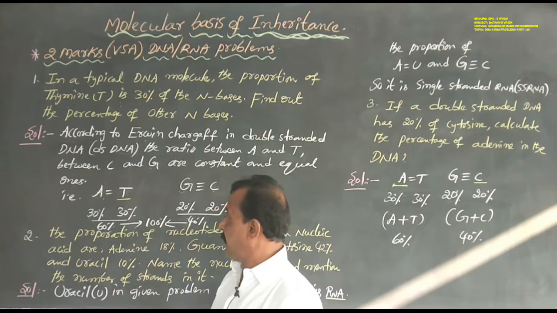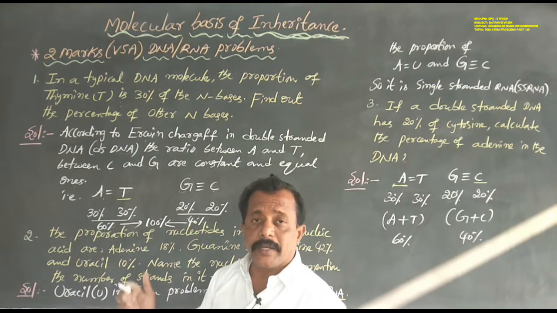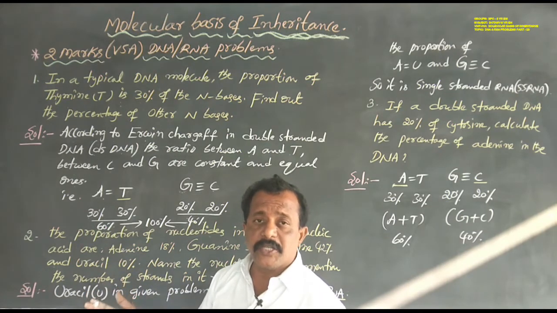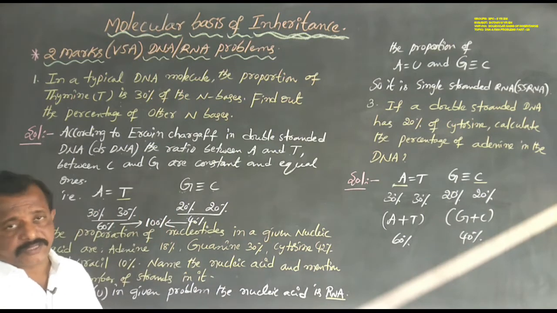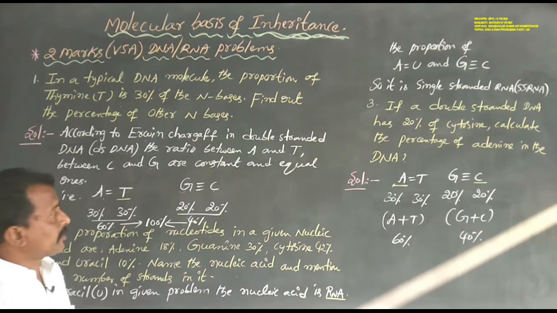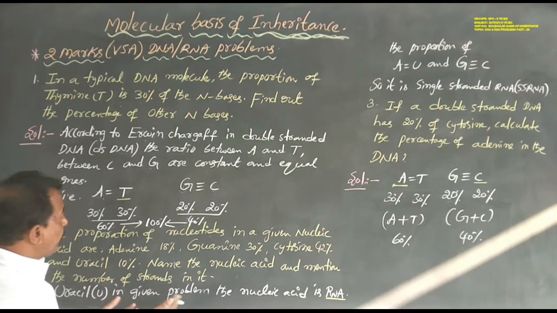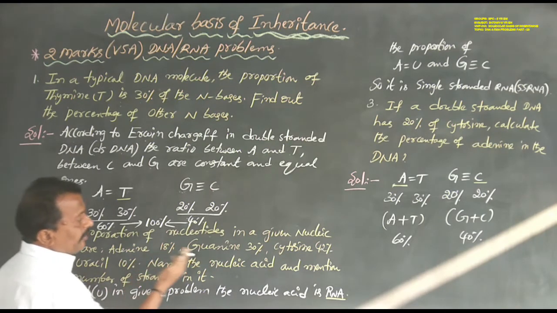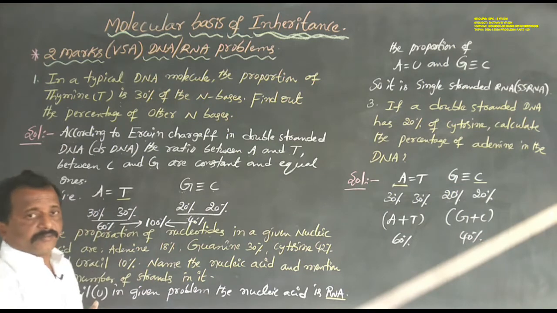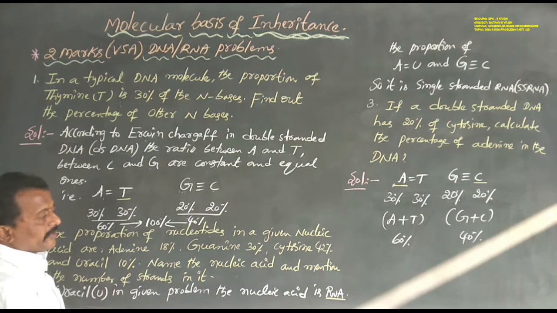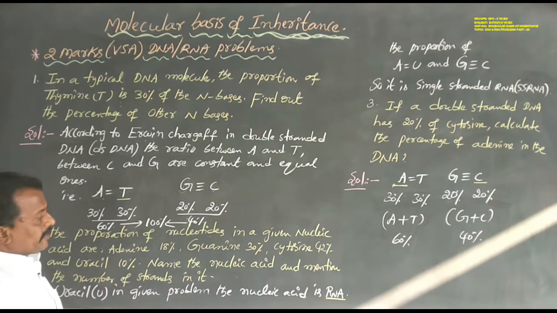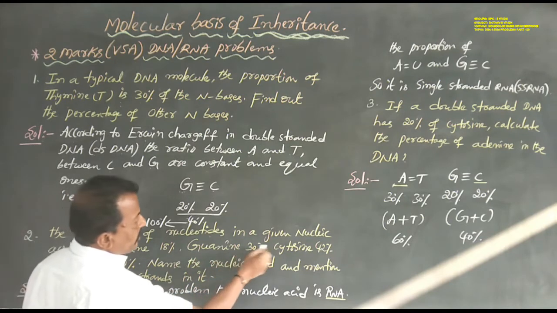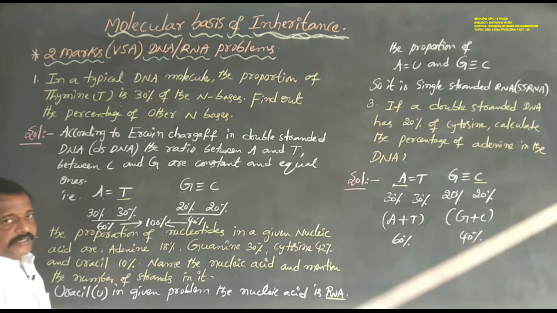But here in the second problem, according to Erwin Chargaff, A plus T should equal G plus C, but here the calculated percentages are different. Adenine is 18%, uracil 10%, guanine 30%, cytosine 42%.